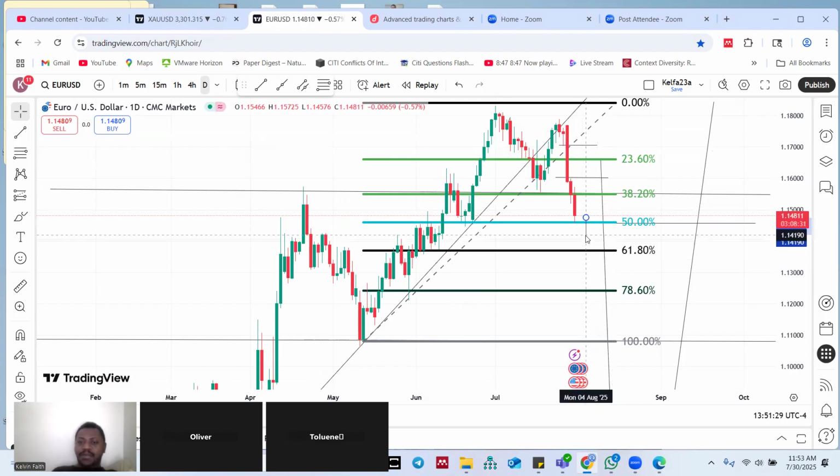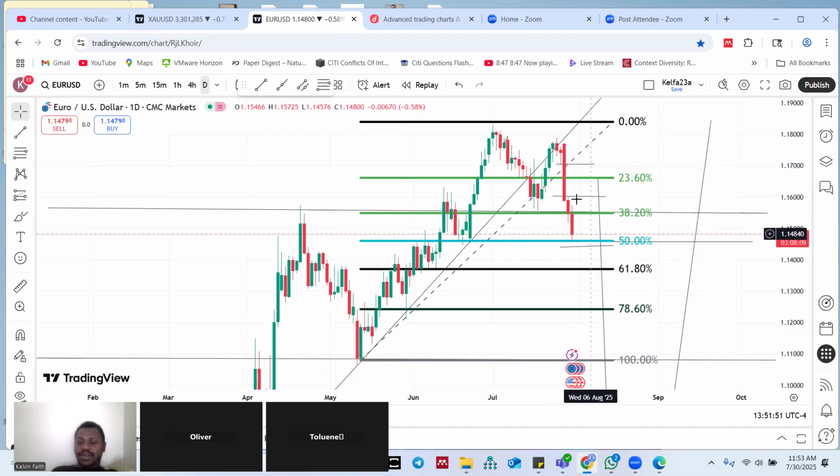But I will expect that price will want to either tap here or break through it and then reject. So that is what I should be waiting for right now. And then I will not buy. If I get the opportunity, I will take a buy, but because the sell pressure is very strong.